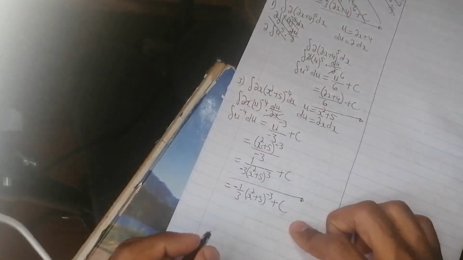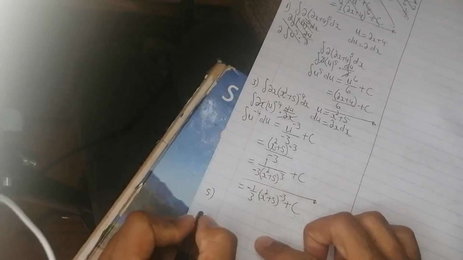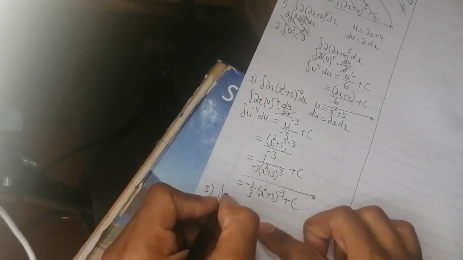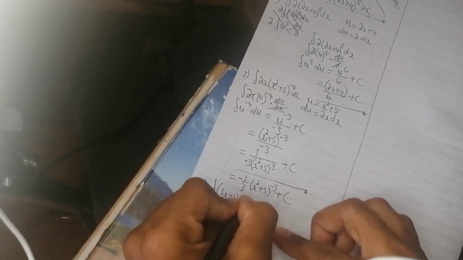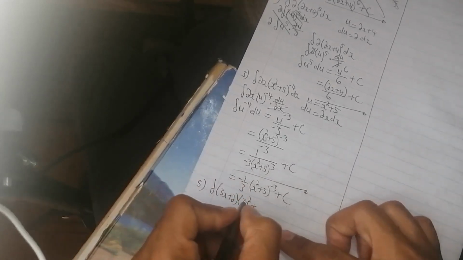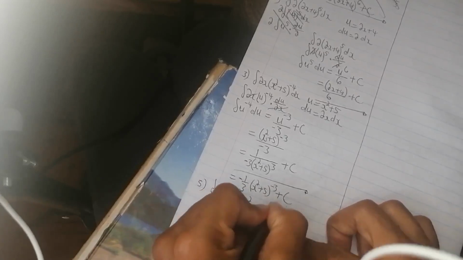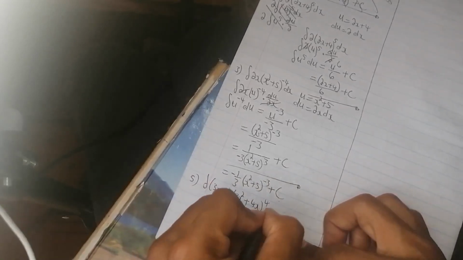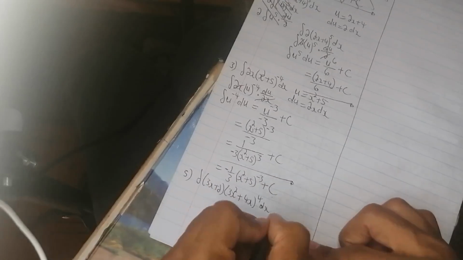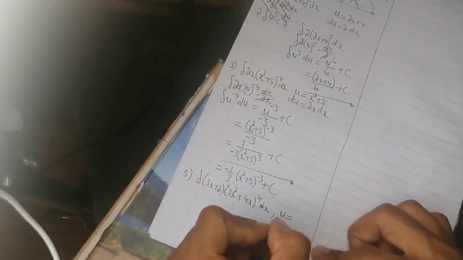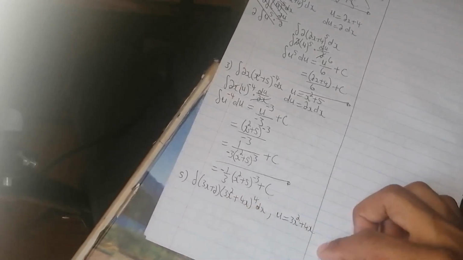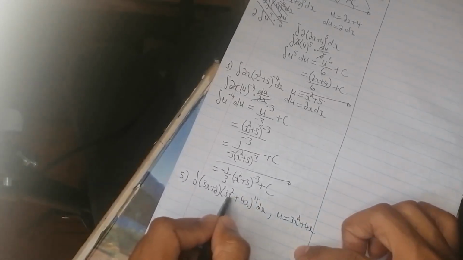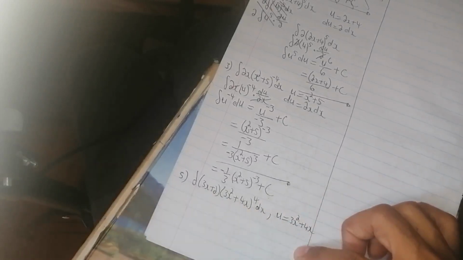And then we go to number 5. Number 5 is the integral of (3x plus 2) times (3x squared plus 4x) to the power 4 dx, and your u equals 3x squared plus 4x. Of course it has to be your u, because when you differentiate this, you are able to get rid of that.